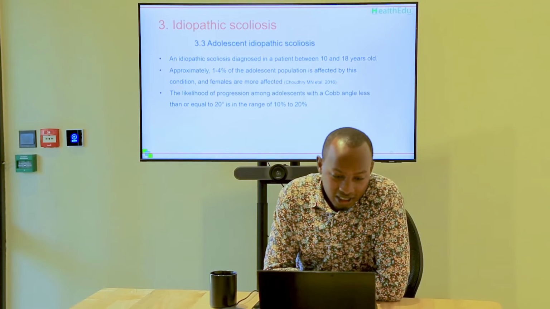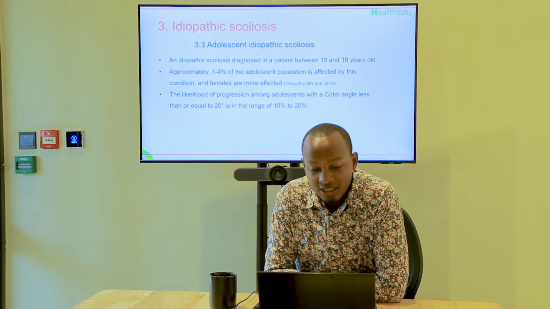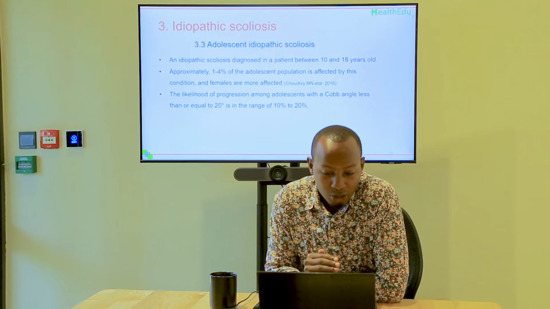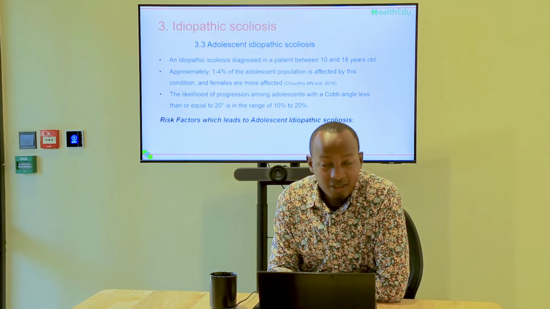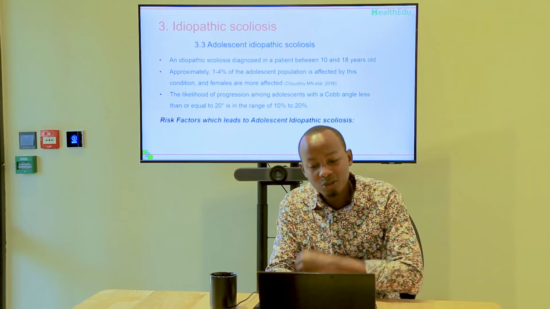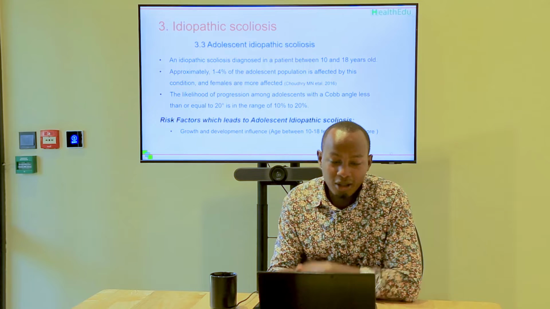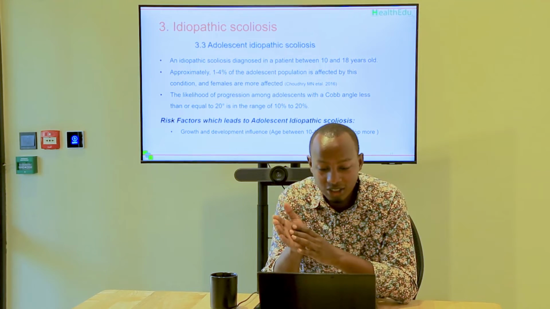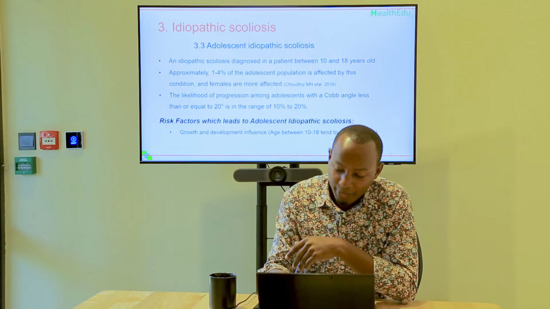And there is this likelihood of progression among adolescents with Cobb angle less than or equal to 20, and it ranges from 10% to 20%. And there are some risk factors which lead to adolescent idiopathic scoliosis. If the child is between the ages of 10 to 18, they are prone to have this scoliosis.